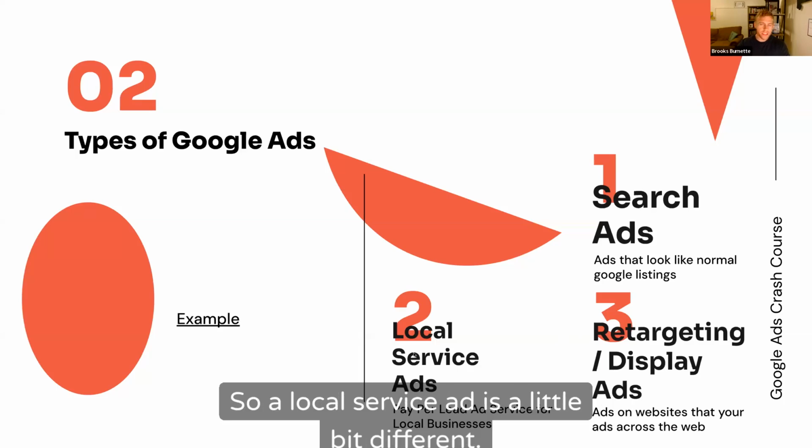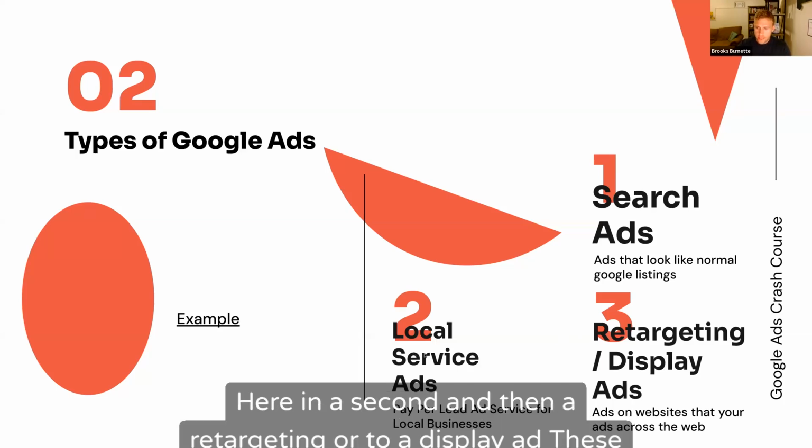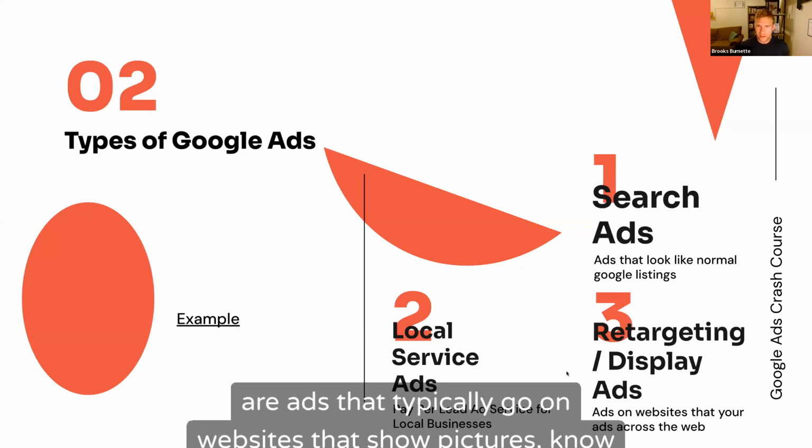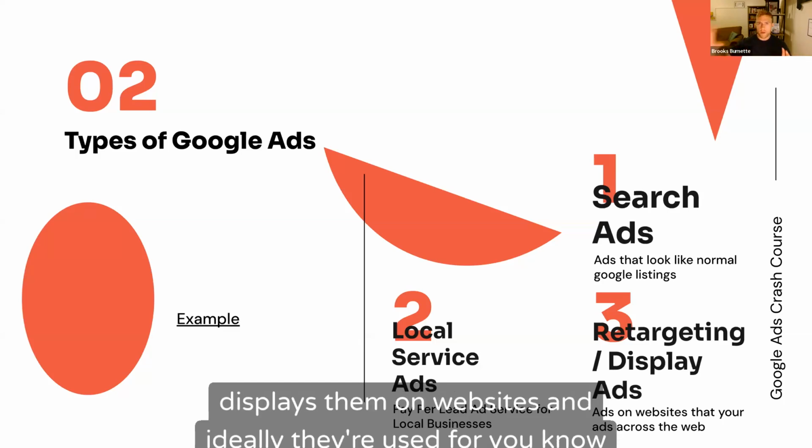So a local service ad is a little bit different. And so we'll show you those here in a second. And then a retargeting or a display ad. These are ads that typically go on websites that show pictures, graphics that you submit, you upload into Google, and Google displays them on websites.